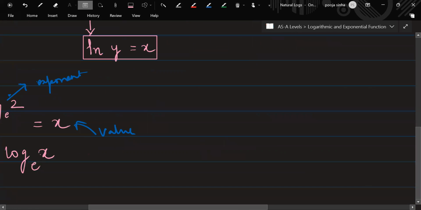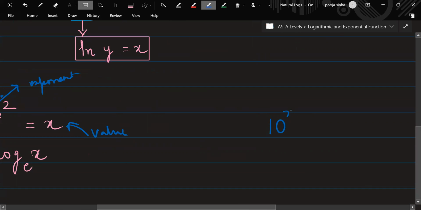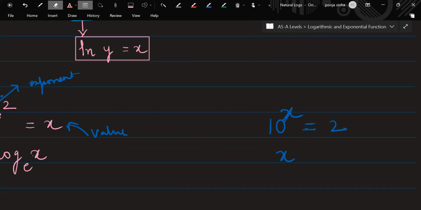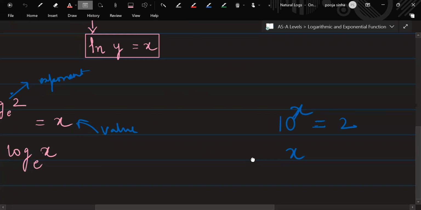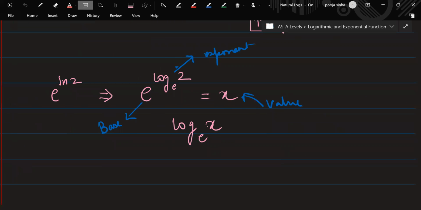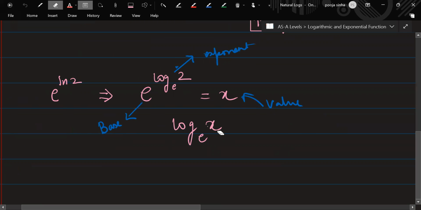Suppose if you were solving 10 raised to power x is equal to 2, then what do we do? x log 10 is equal to log 2. And how would I write this? x is equal to log to the base 10 of 2. Same way, log to the base e of x should be equal to how much?